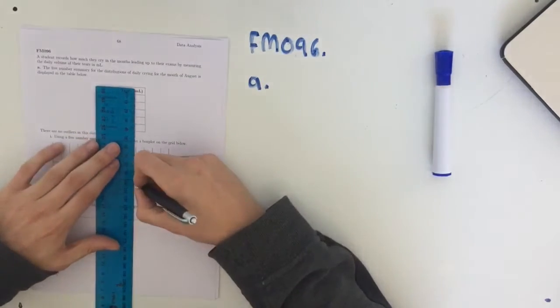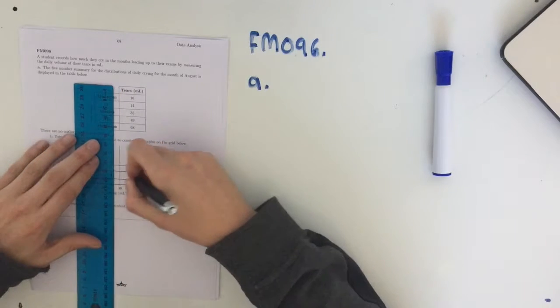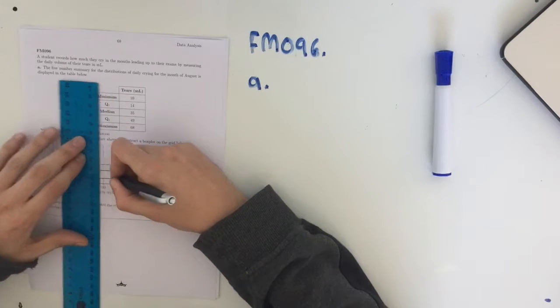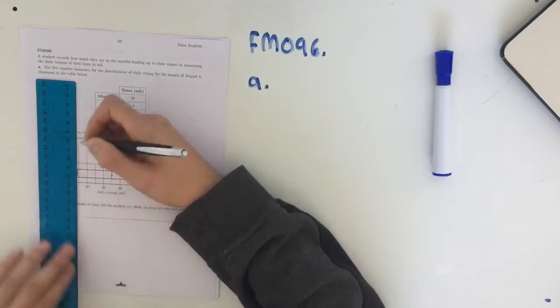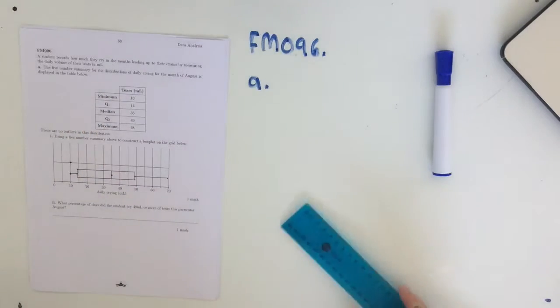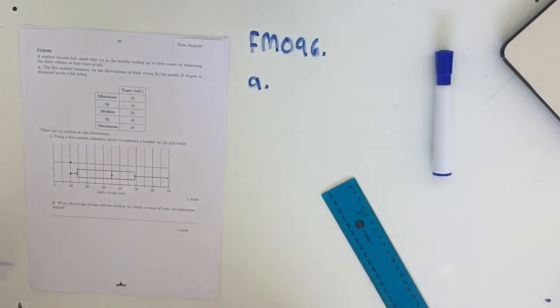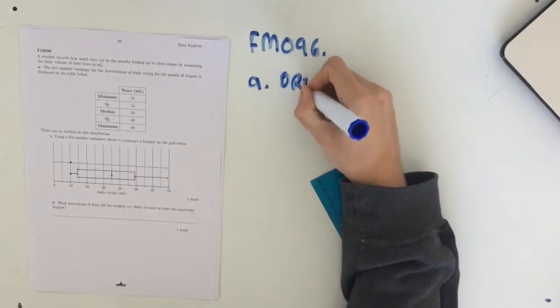Now I can connect these parts here. And there it is, there's my box and whisker plot, or my box plot. So, drawn.